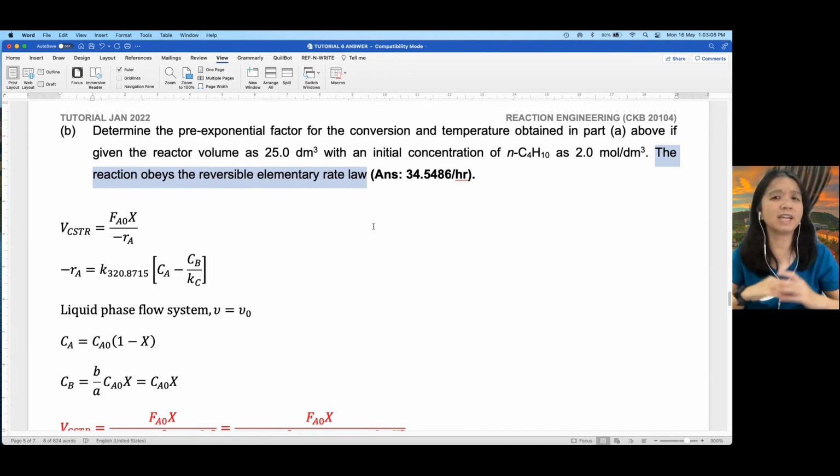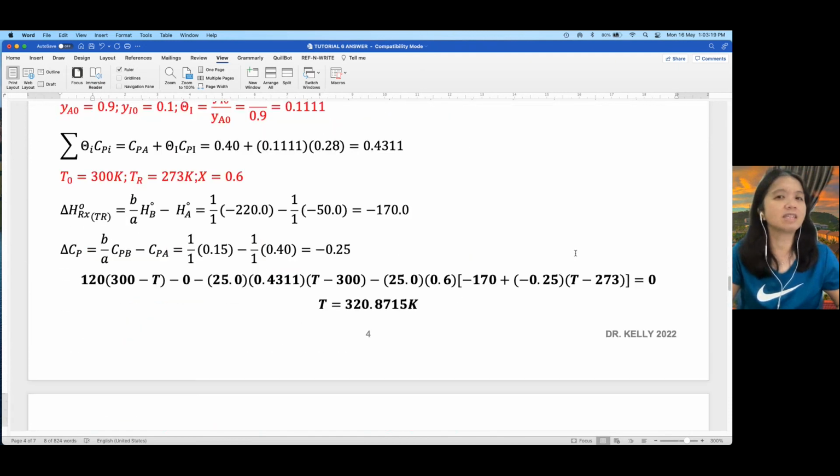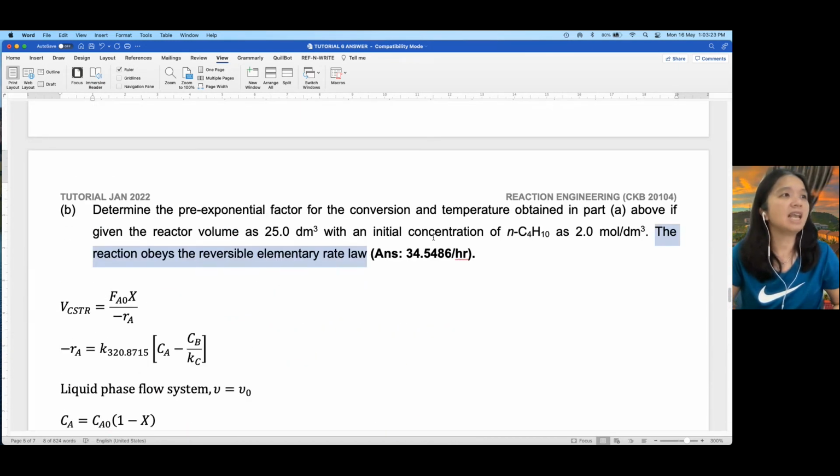They want us to find A. Okay, so they give us X, they give us temperature. They give us the reactor volume. So in this example, it is a CSTR. So they give us the CSTR volume and they give us the CA naught. So V is 25 and CA naught is 2.